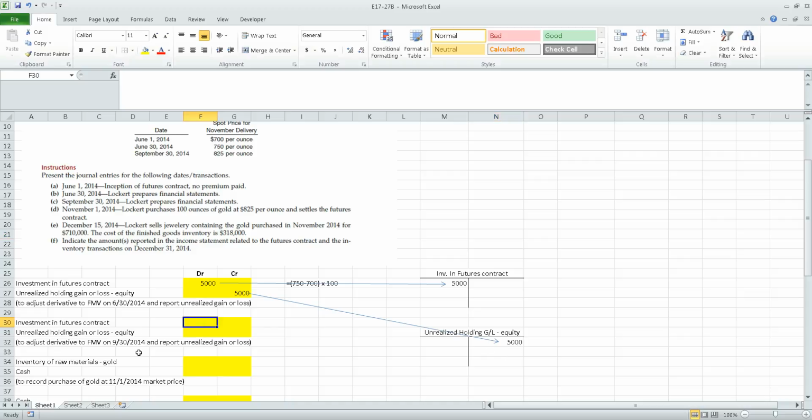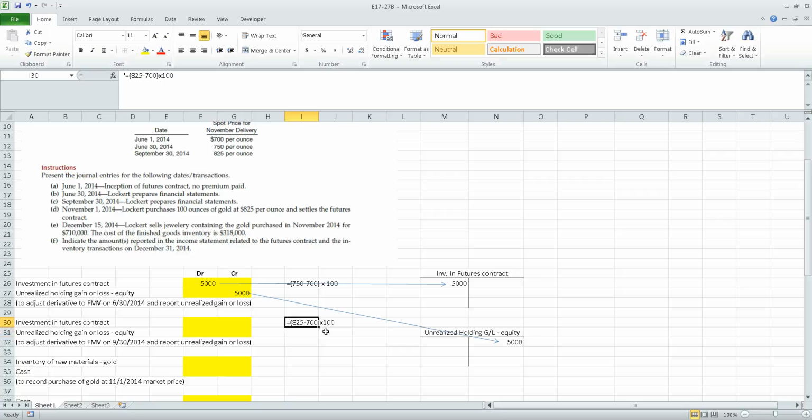Okay, time marches on. Here we are at 9:30. On 9:30, the value of gold has risen up to $825 per ounce. So the value of the derivative on that date is calculated as $825 minus the $700 price that the futures contract allows us to buy the gold for, times 100 notional ounces.